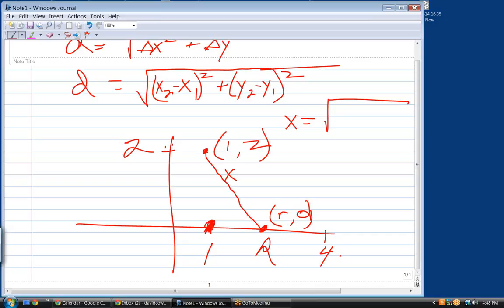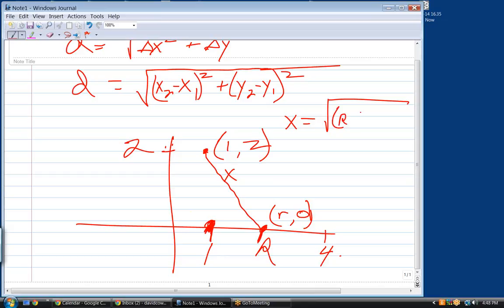So what's the difference in the X coordinates? We don't know what the other X coordinate is. The difference in X coordinates is R minus 1. Great. In other words, this distance right here is R minus 1.